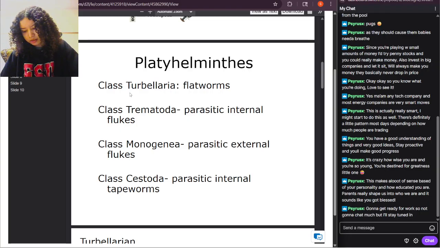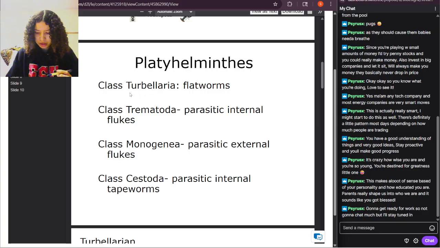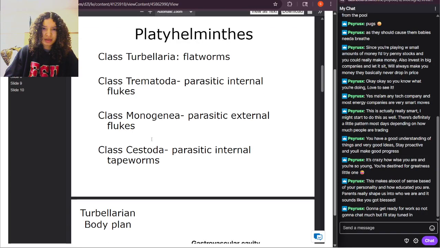Okay, Trematoda and Monogenea are both flukes. Cestoda is parasitic internal tapeworms. Okay, also tapeworms. So Turbellaria are flatworms, Cestoda is parasitic internal tapeworms, and Trematoda and Monogenea are flukes.